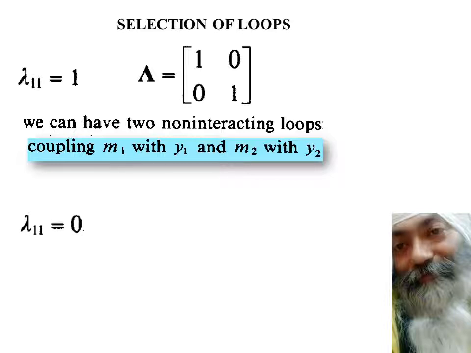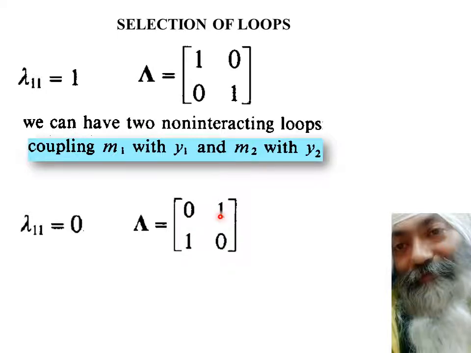In case this lambda 1 1 is equal to 0, in that case, the RGA will look like this. And here again we have two non-interacting loops, but with the condition that now instead of using this element, we are using this element as 1.